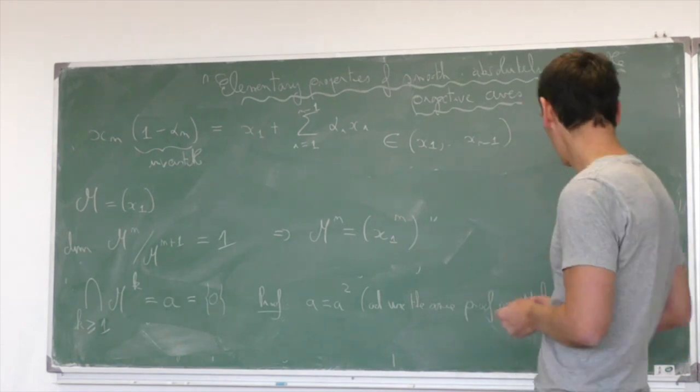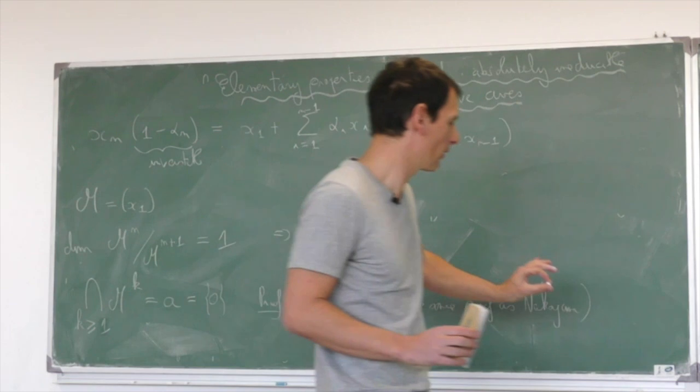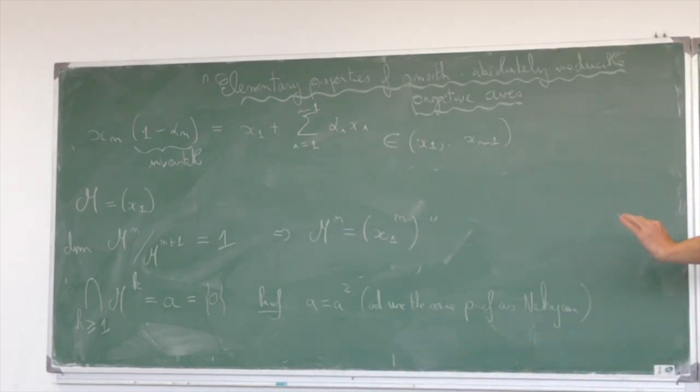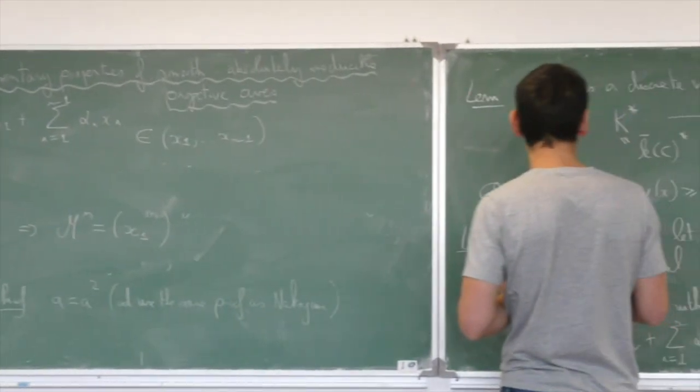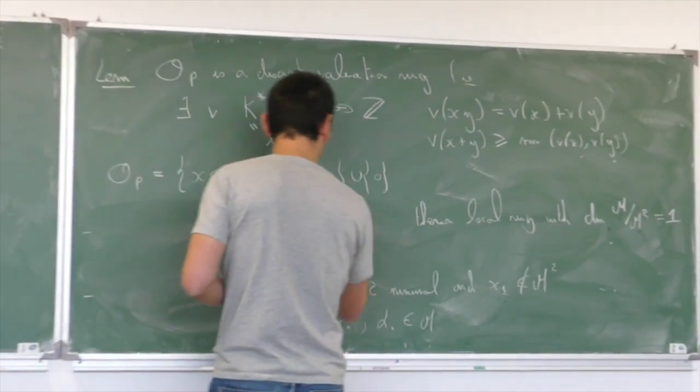All right. So let me go back. That was some general statements that I made in the case of a general ring A. I'm going to come back to the notation O_P. So let me erase here.